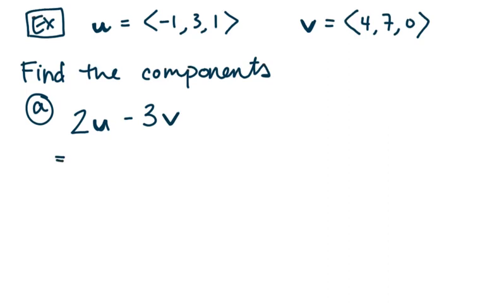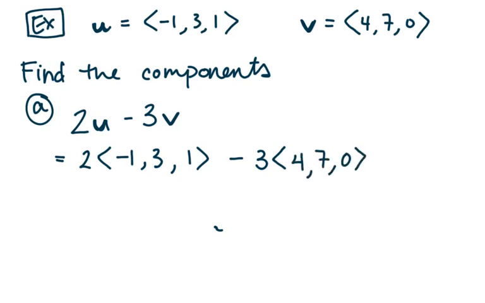So if I were to simplify this, I would write 2 times the vector -1, 3, 1, minus 3 times the vector 4, 7, and 0. So I can distribute that scalar 2 and -3 across those vectors, and that gives me -2, 6, +2.